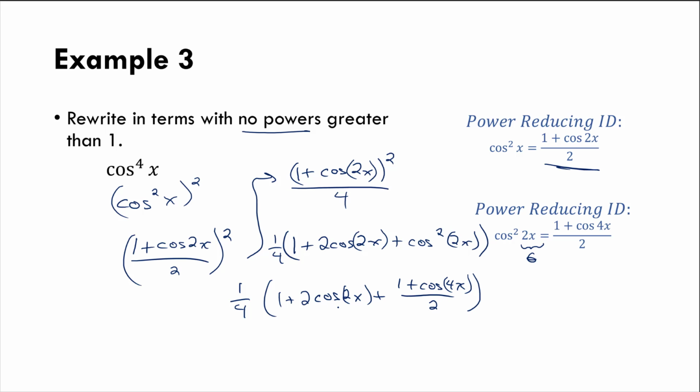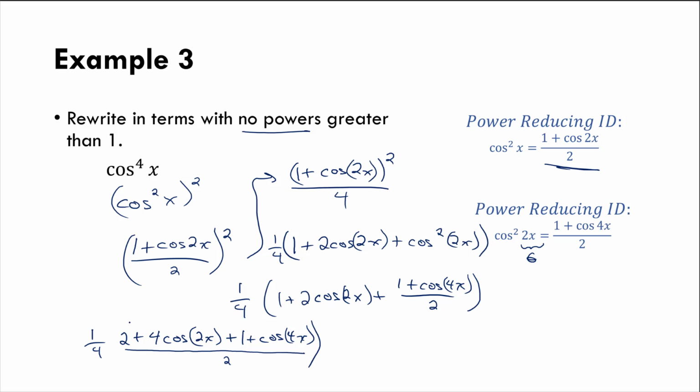Okay, now I can go ahead and get a common denominator here of 2, so I have to multiply this by 2 over 2 and 2 over 2. So this is going to give me 1/4 times 2 plus 4 cosine of 2x plus 1 plus cosine of 4x, all over 2.